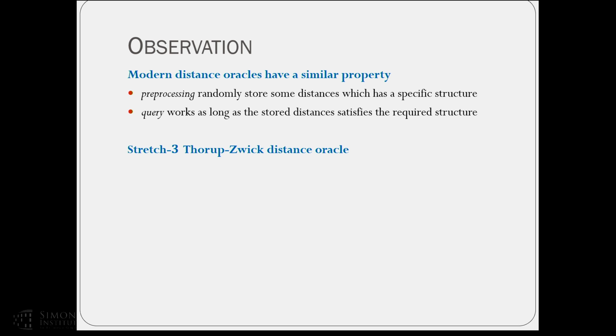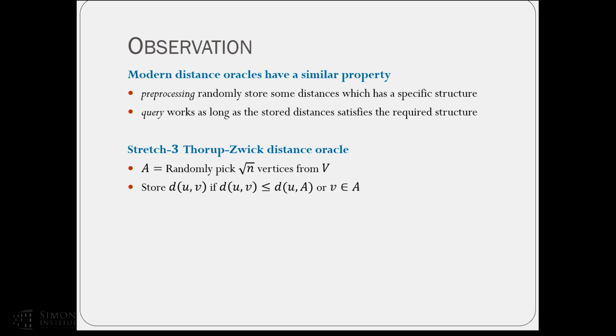So, for example, in the stretch 3 Thorup-Zwick distance oracle, they pick a vertex set A randomly from V with probability 1 over square root of n for each vertex, and then store distances like this. The query algorithm works with these stored distances.